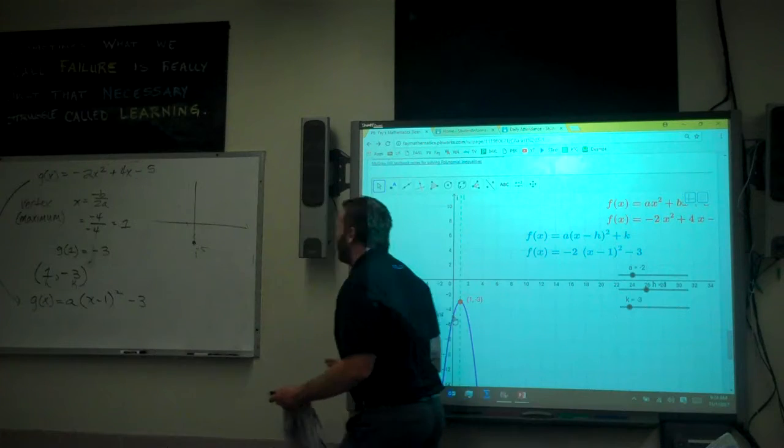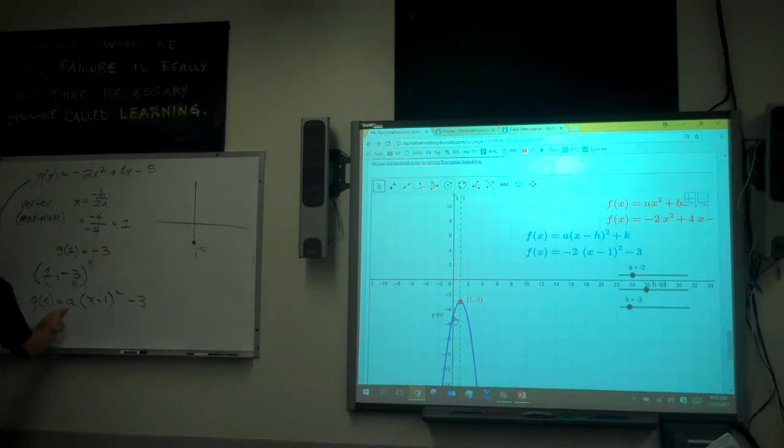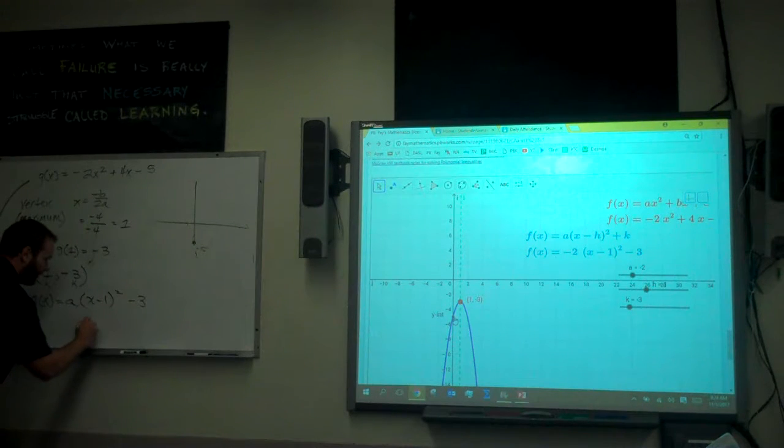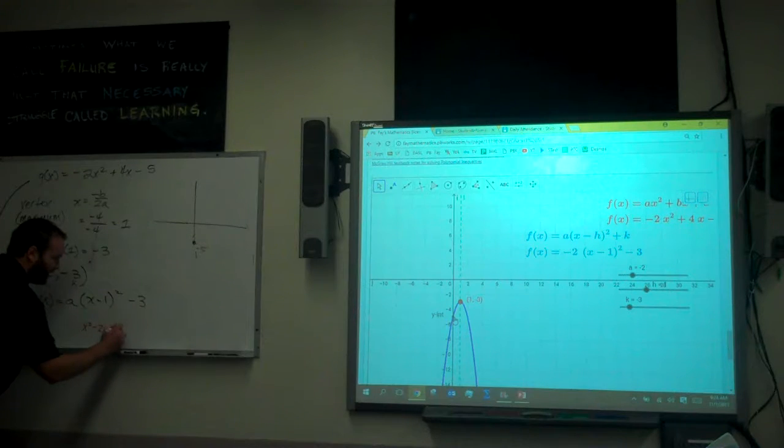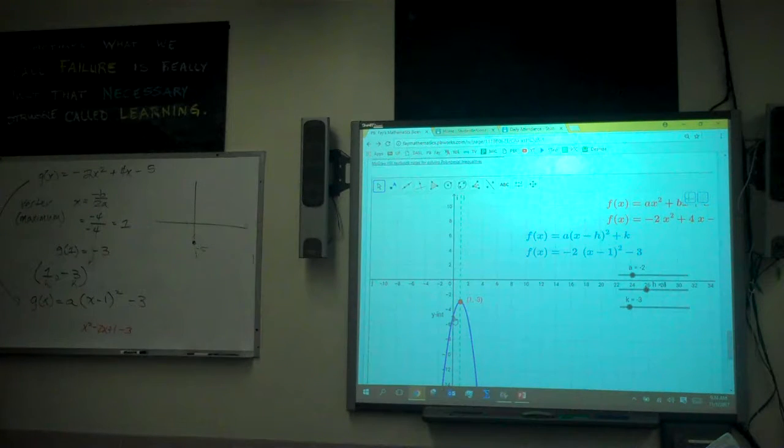Now, there's a couple different ways you could figure out that a. I think in the last class somebody mentioned, if I just square all this, if I go ahead and FOIL that out, I get x squared minus 2x plus 1, minus my 3.